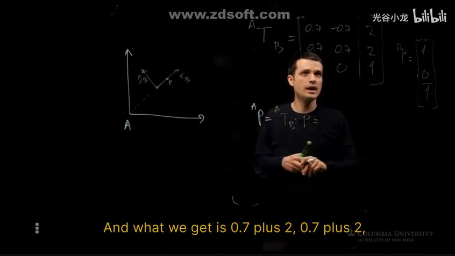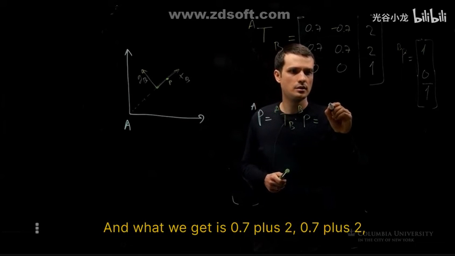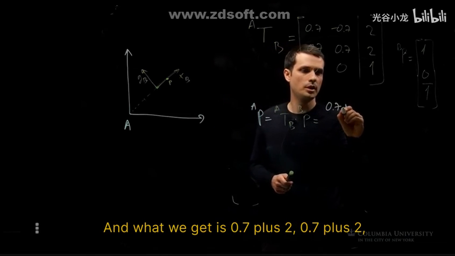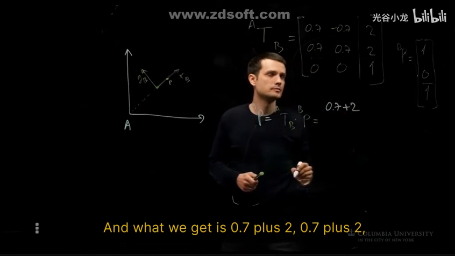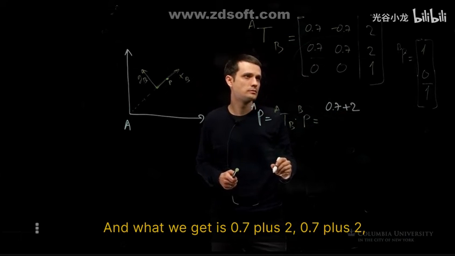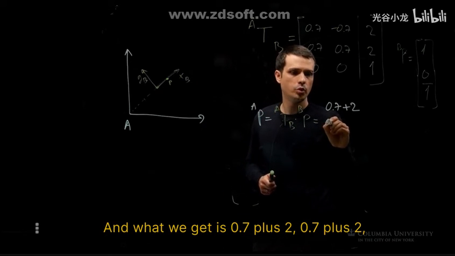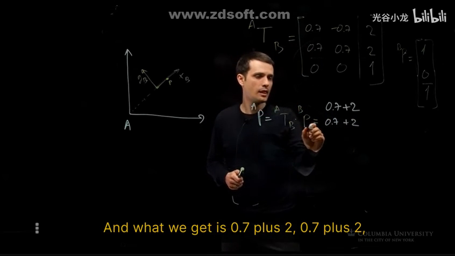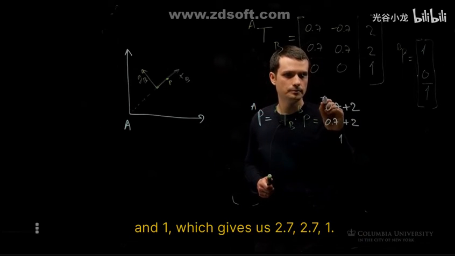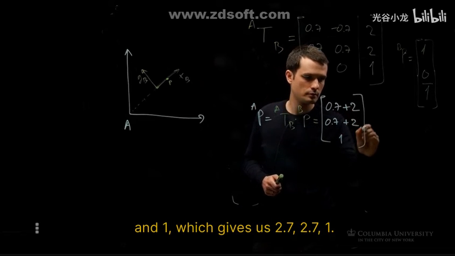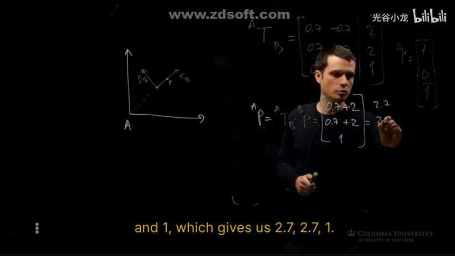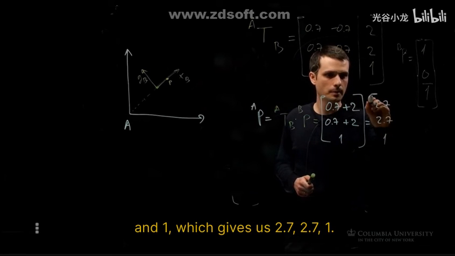Now we can carry out this matrix multiplication. And what we get is 0.7 plus 2, 0.7 plus 2, and 1, which gives us 2.7, 2.7, 1.